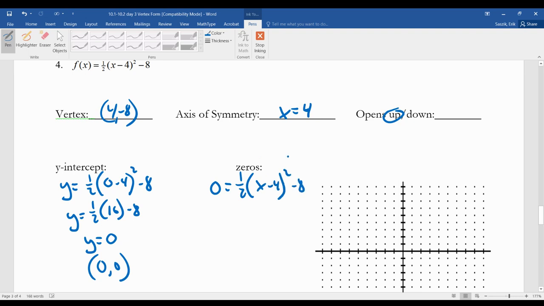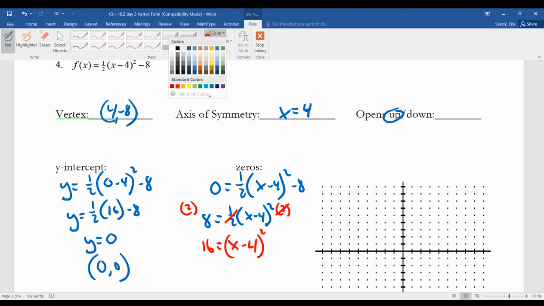I want to get this set of parentheses by itself, so I'm going to move that -8 over by adding. Now remember, to get rid of this 1/2, we multiply by the reciprocal. That cancels the 1/2 out. So I get 16 equals x minus 4 quantity squared.